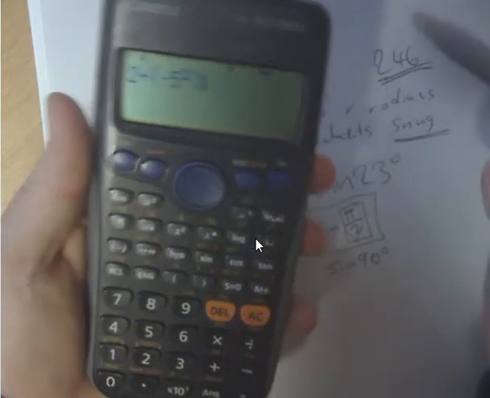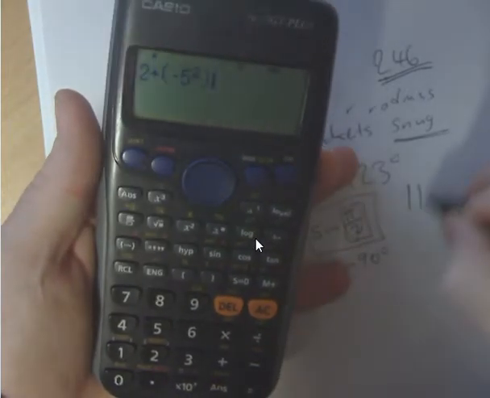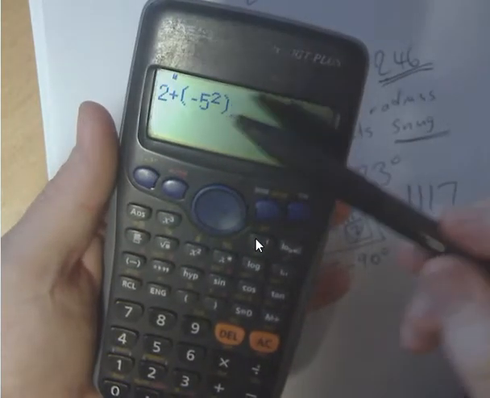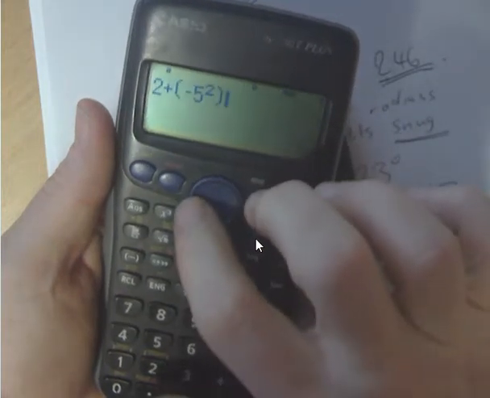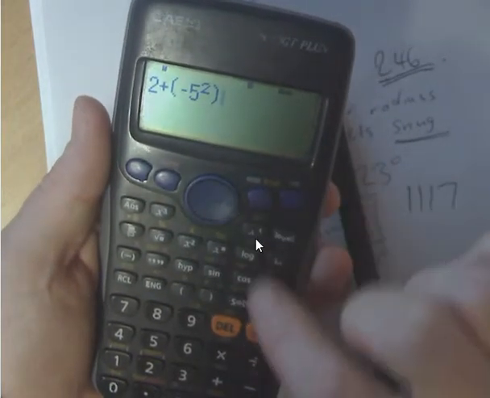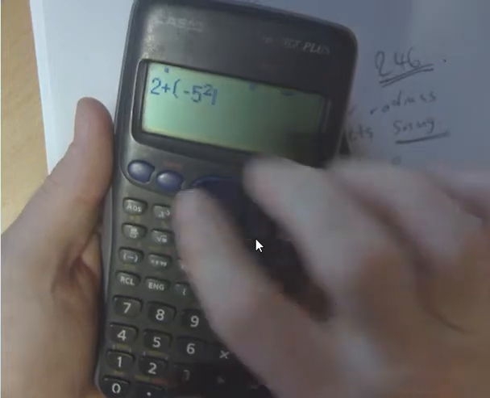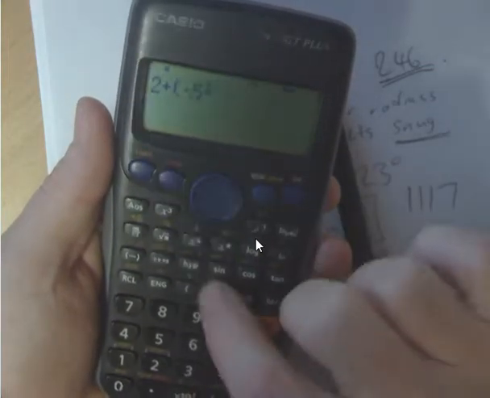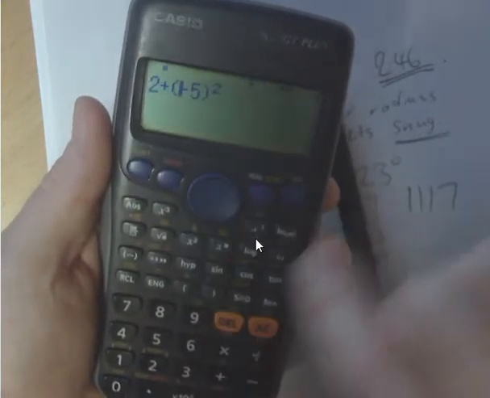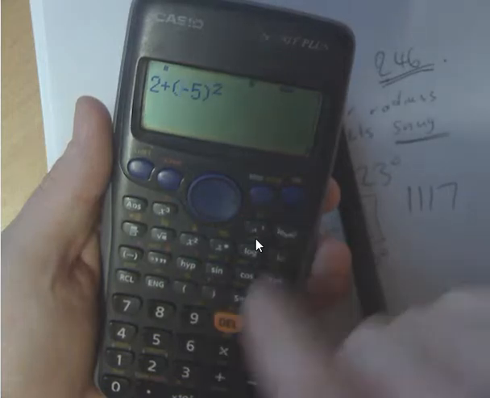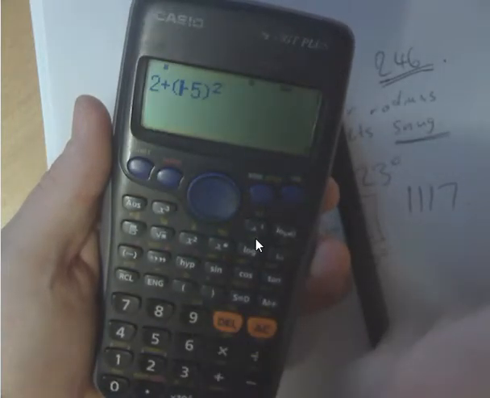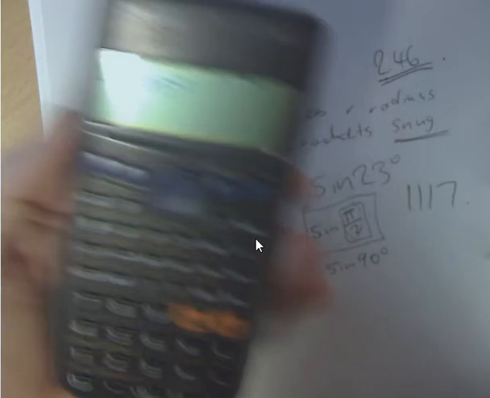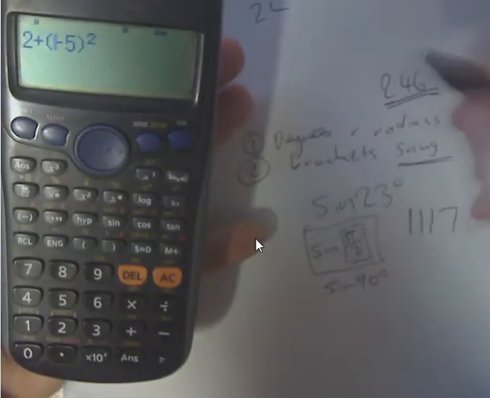This is all covered in other comment videos like 1117, but be very careful about this. By the way, when I refer to snug brackets, I am referring to when the brackets are snugly around the negative number. So that's the second thing, brackets.